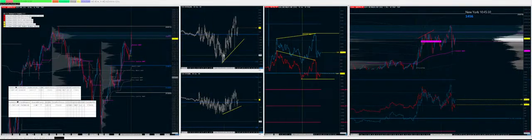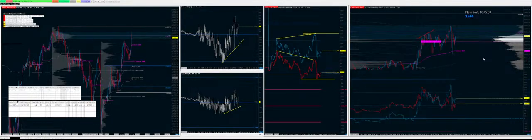They had me sold on this down move, though. They had me sold on it with the divergence. Just didn't work out. There's no holy grail of trade, fellas. You're just trying to put yourself on the right side of probabilities.